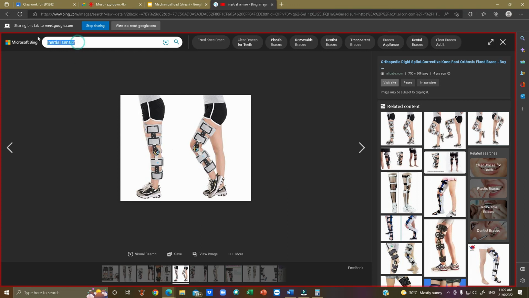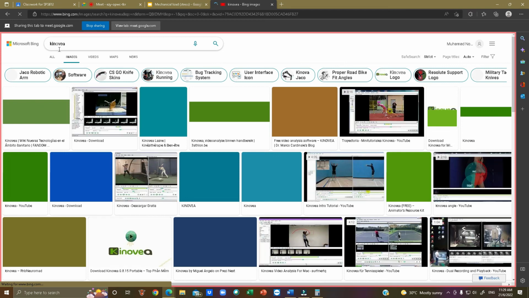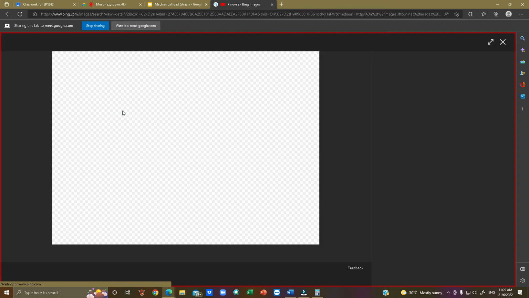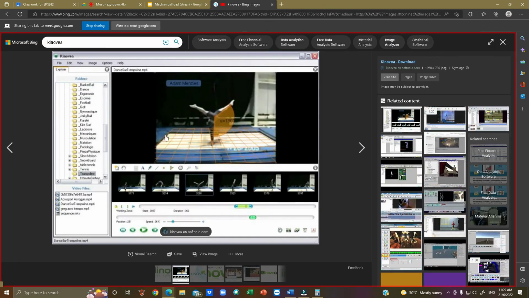Kalau 2D methods, banyak. Contoh paling mudah, benda yang kamu kena guna masa group presentation, Kinovea. This is an example of 2D analysis. So based on pictures that are static in terms of plane. Video bergerak tapi plane dia sama. You can do analysis.